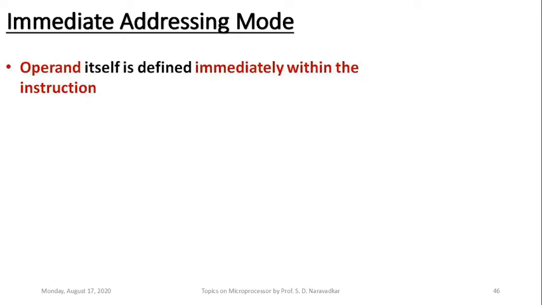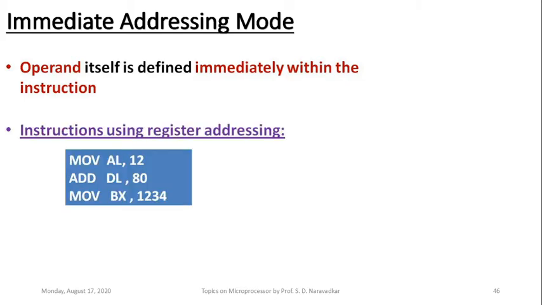Now the second addressing mode is the immediate addressing mode. Here the data or the operand itself is defined immediately within that instruction. Subsequently some of the instructions are defined here as an example. The first instruction here, MOV AL, 12.